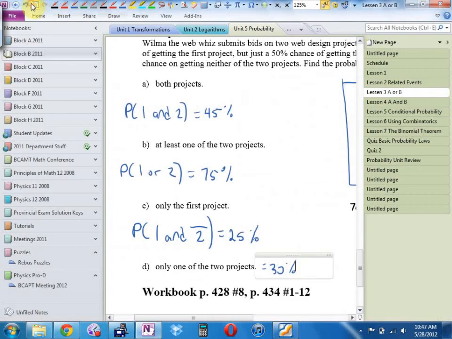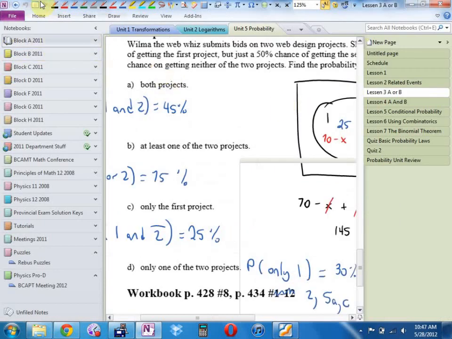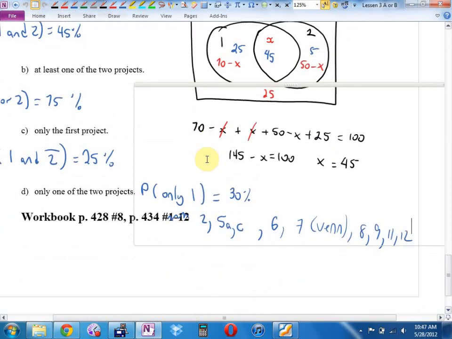What's your homework? Page 428 from the workbook, number 8. You just write this down at the bottom of the page first. And then from page 434, number 2, 5A and C, 6, number 7, but use a Venn diagram. You can do it with a formula if you really want to, but use a Venn diagram. And then 8, 9, 11, and 12.